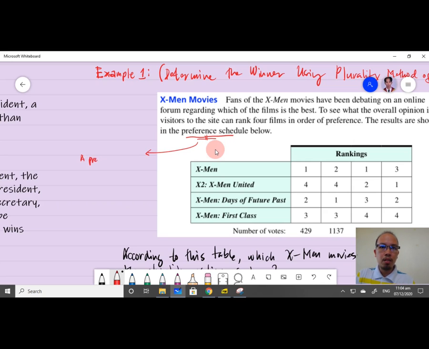A preference schedule lists the number of people who gave a particular ranking. Okay, this is the meaning of the preference table.